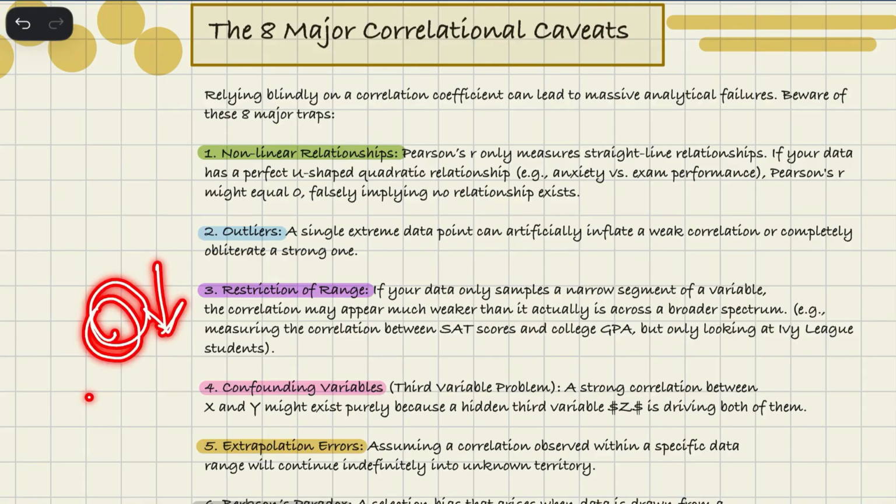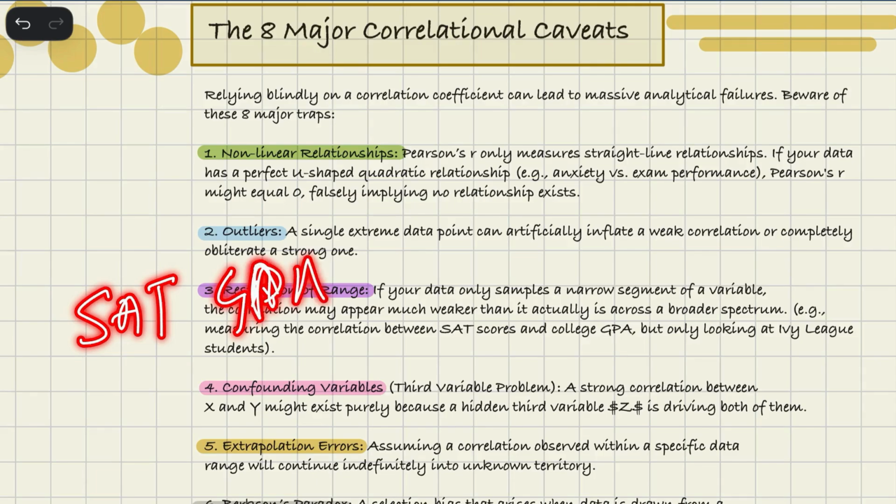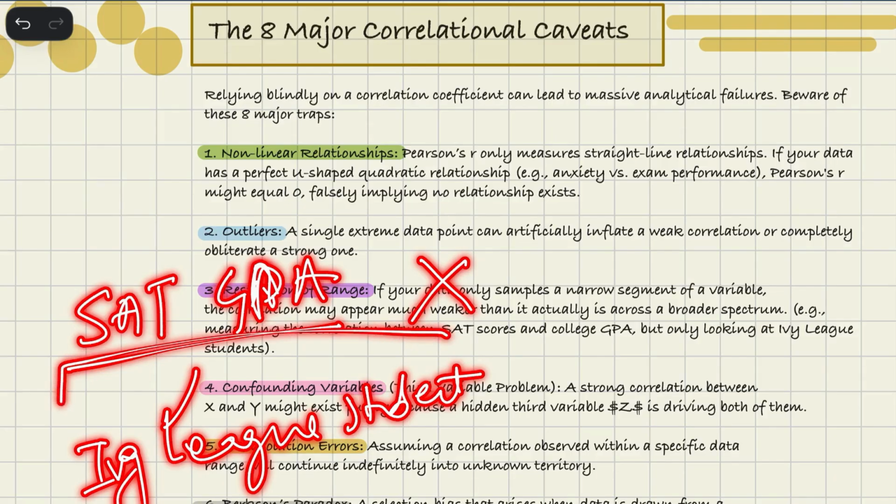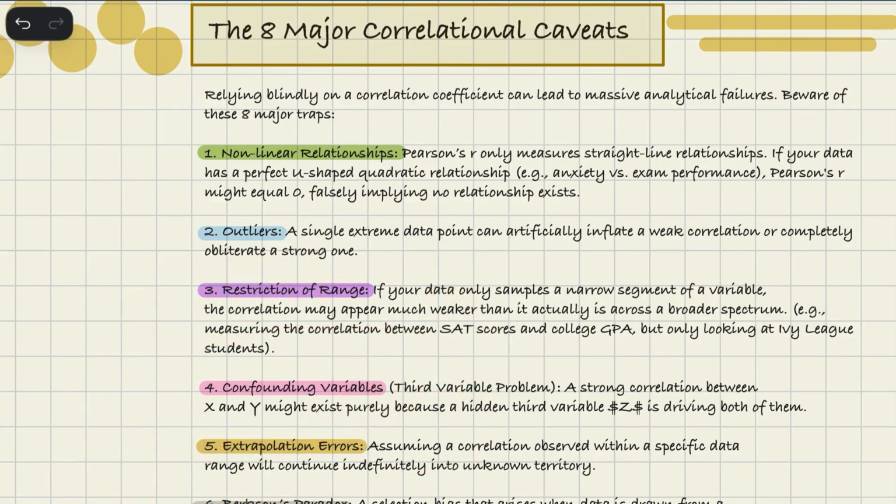For example, if you study the correlation between SAT scores and college GPA, but only look at the Ivy League students, your data will show almost no correlation because you have restricted the range to top tier scores only, right? So you will never get to know the essence of the actual population. When we restrict the range, our data is only representing that particular range.